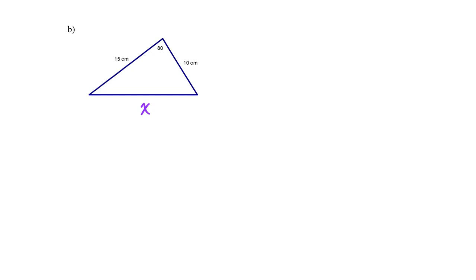And you will notice a big problem. And I mean a big problem. Well, you can use sine law from the standpoint of in order to find X, you need its corresponding angle, and you were given that, which is nice. But when you go to find that magic ratio, your magic fraction, well, you have this side that's 10, but you are missing its corresponding angle, and you have this side that's 15, and you're missing its corresponding.